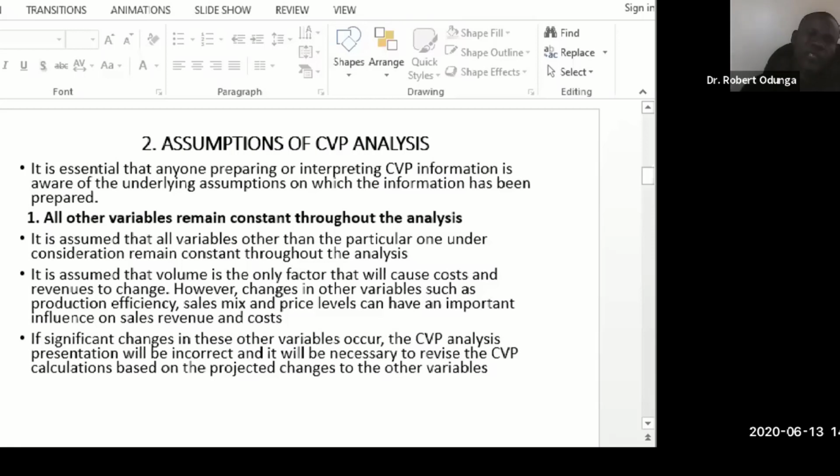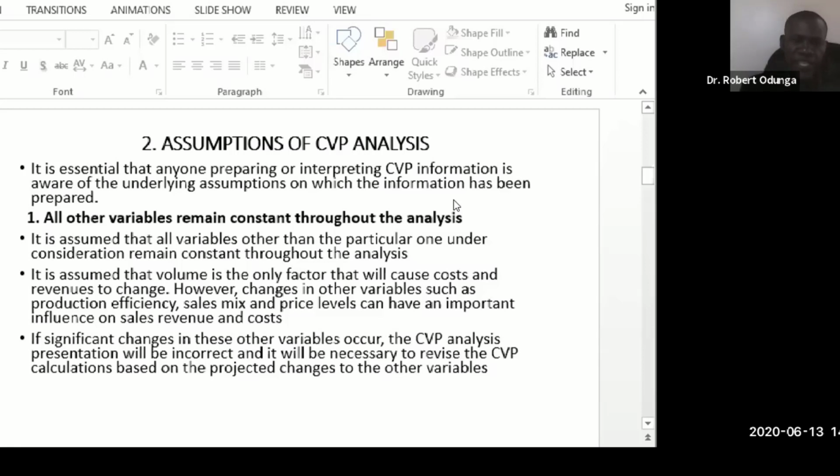Otherwise, the model will not be viable, because one would say in a long run, variables are bound to change. They cannot be constant throughout. So that's why we are saying the short run perspective of application of this model is what is possible and not the long run.